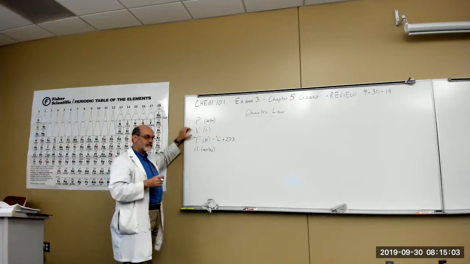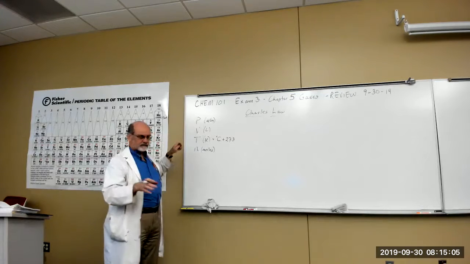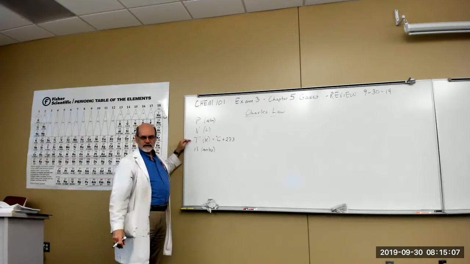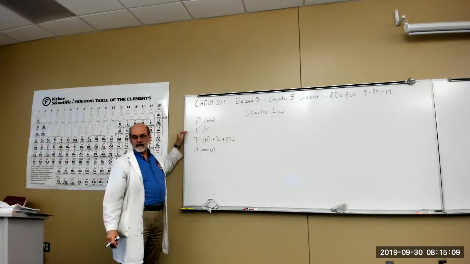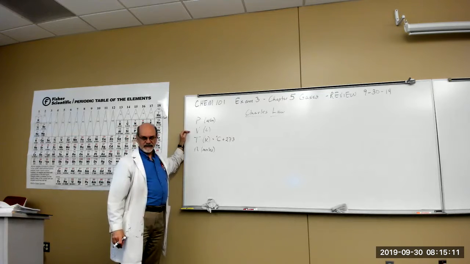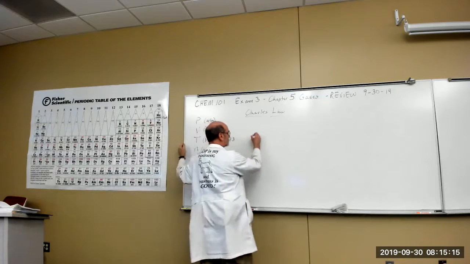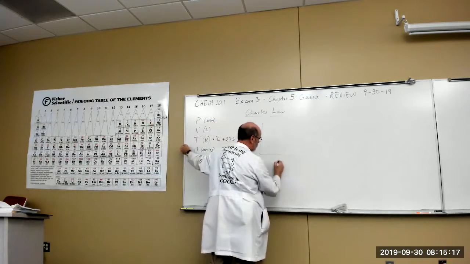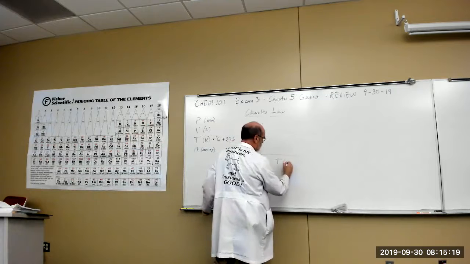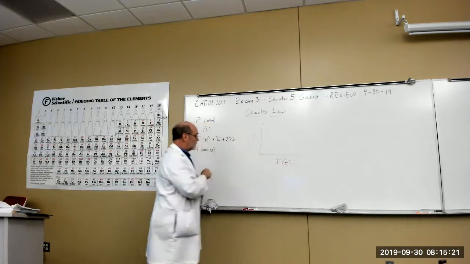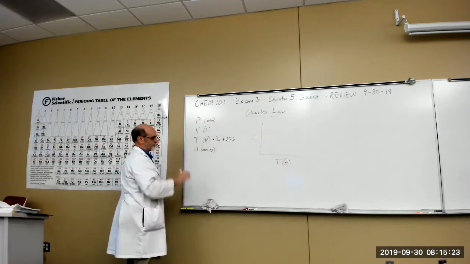In that case, temperature becomes the independent variable, and volume is the response, or the dependent. So volume would be on the y-axis, and temperature would be on the x-axis.